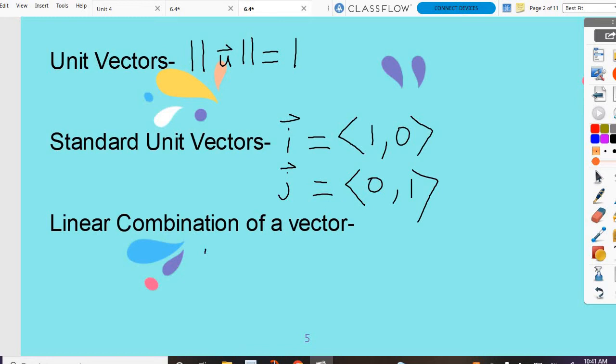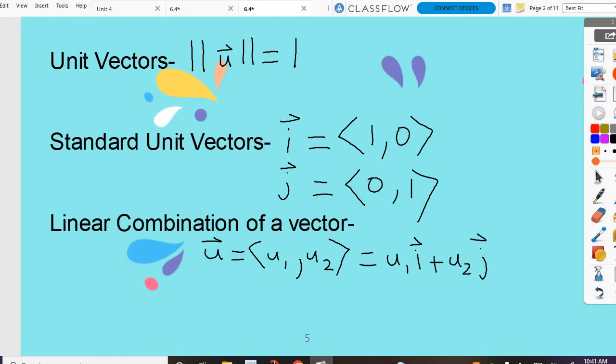So if I have, say, u equals u1, comma, u2, notice that my i only has an x component and my j only has a y component. So basically we're going to take each of those components and put them next to either the i or the j. So this would look like u1 times vector i plus u2 times vector j.